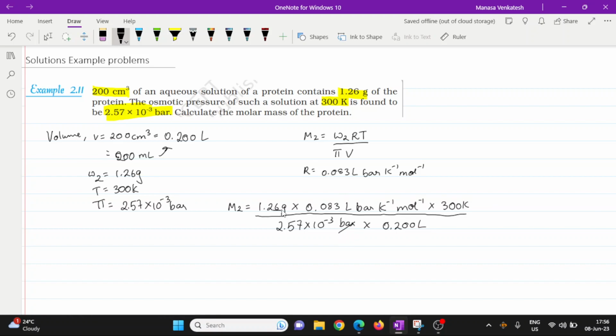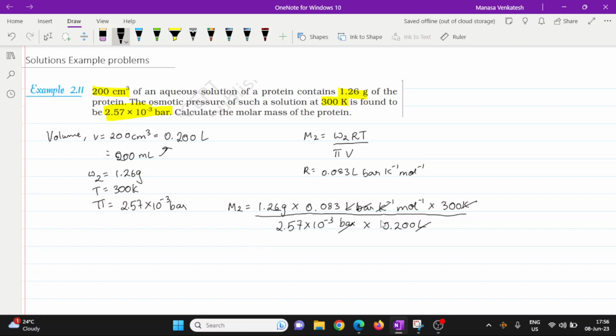So bar gets cancelled, liter gets cancelled, Kelvin gets cancelled. We'll be left with grams per mole, which is exactly what we want.